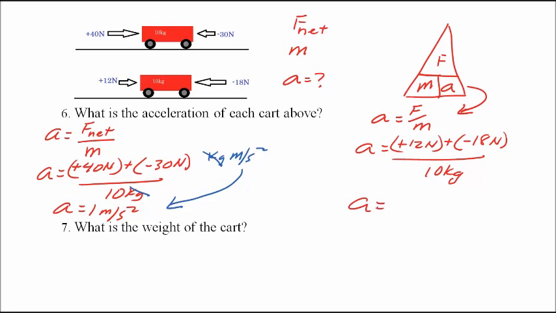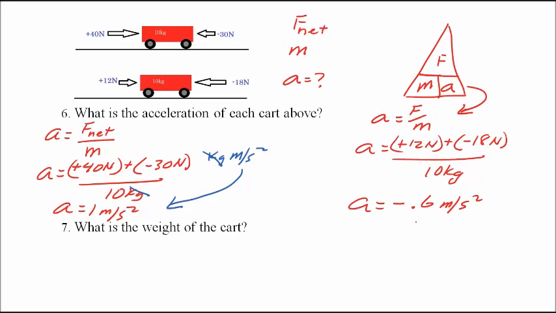So now positive 12 minus 18 gives me negative 6. And negative 6 divided by 10 is going to give me negative 0.6 meters per second squared. So the answer here is negative 0.6 meters per second squared.